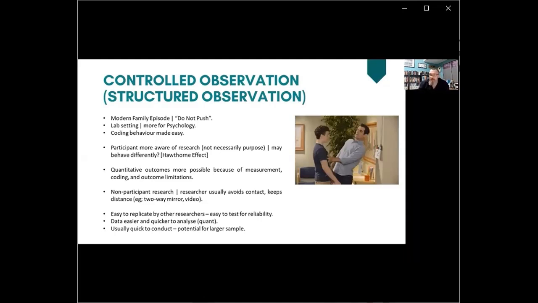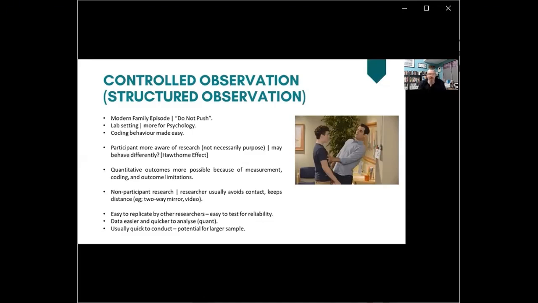It's more towards psychological studies, but there are opportunities to use it elsewhere as well. What's great about it is from an analysis perspective, it makes coding behavior extremely easy.